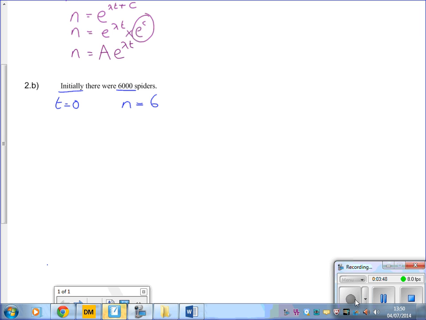And I'm now going to substitute that into my answer for part A. I'll have 6 equals a e lambda times 0 is 0. E to the power of 0 is 1. It's to show that, so put lots of detail in. So a equals 6. I can now put that into the general solution, and I'll have n equals 6 e to the lambda t.